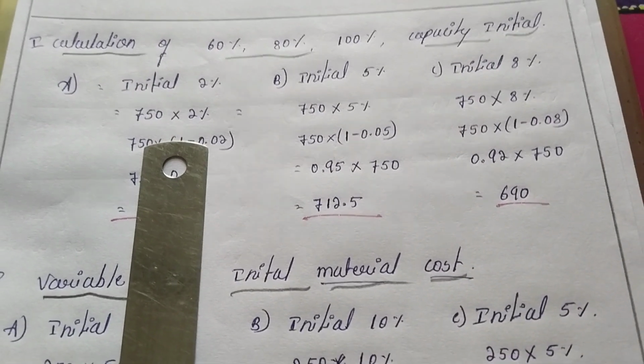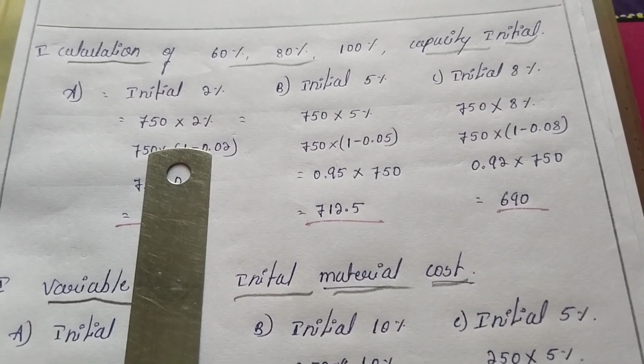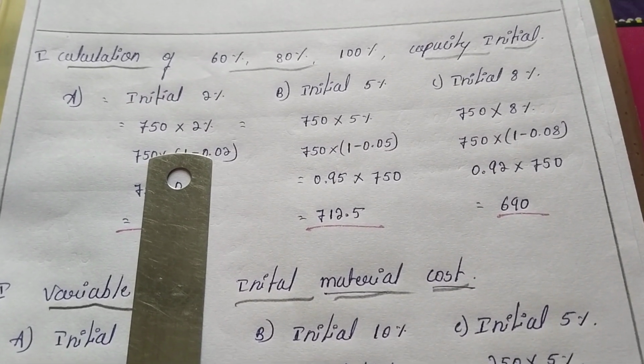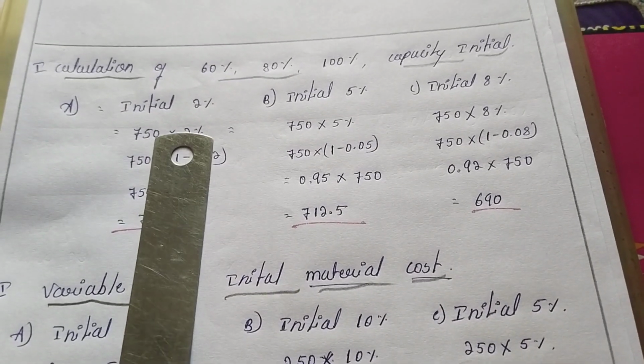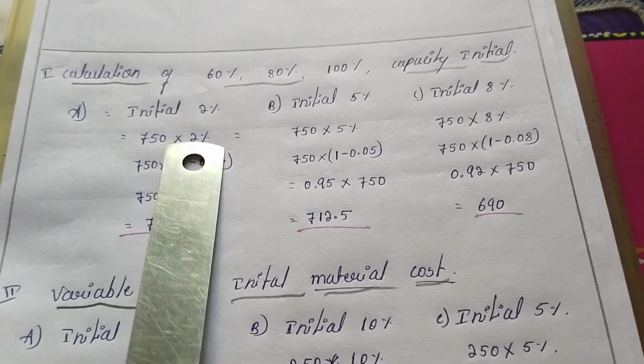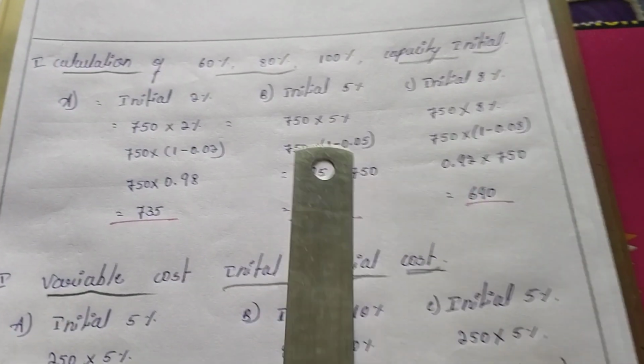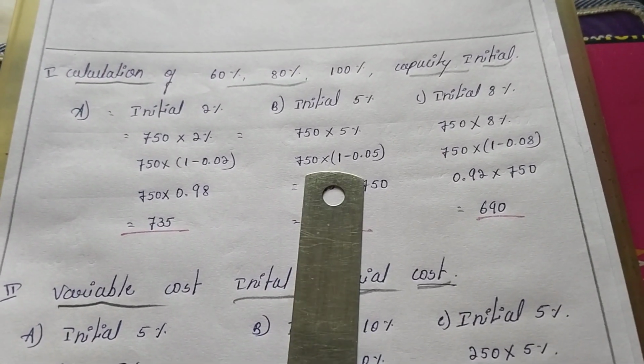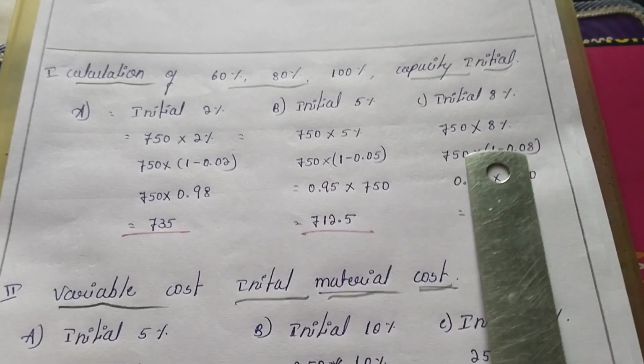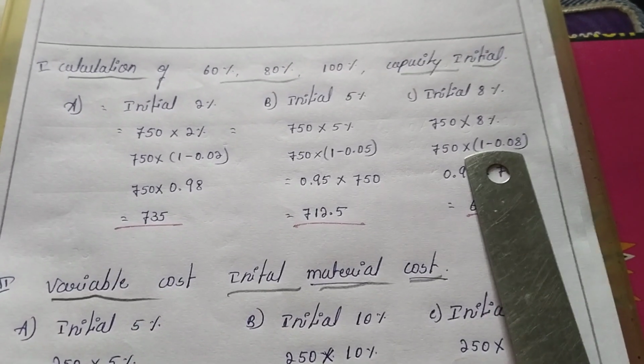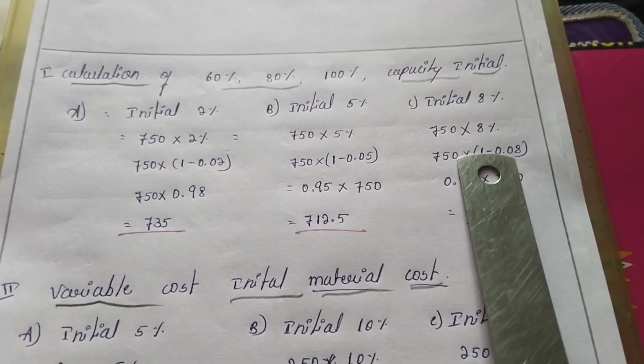In the question, the selling price is reduced by 2% at 60% capacity, by 5% at 80% capacity, and by 8% at 100% capacity.